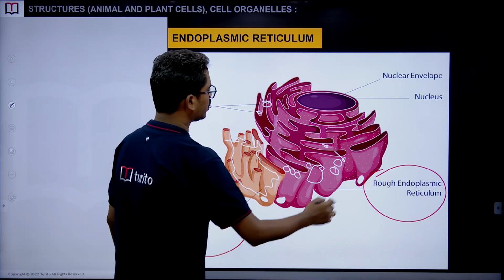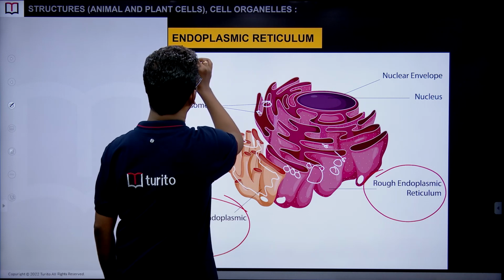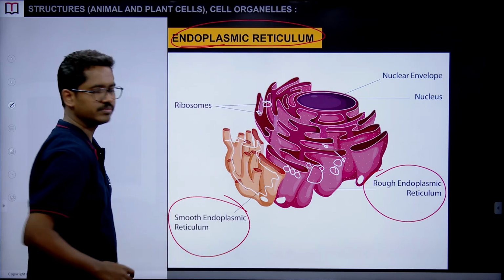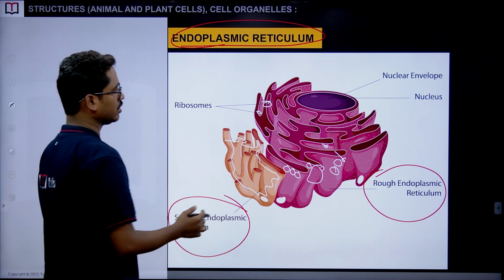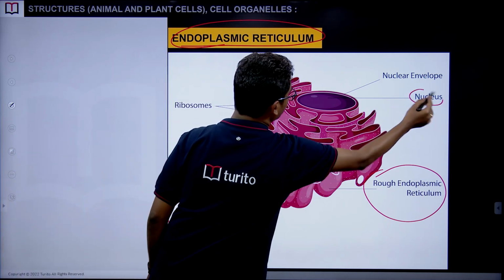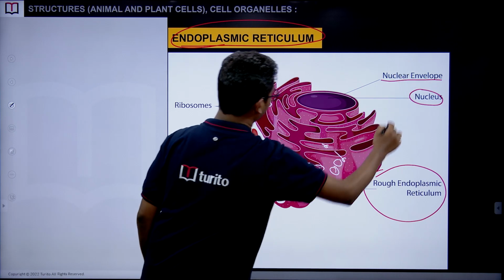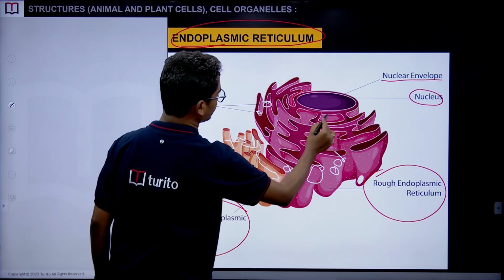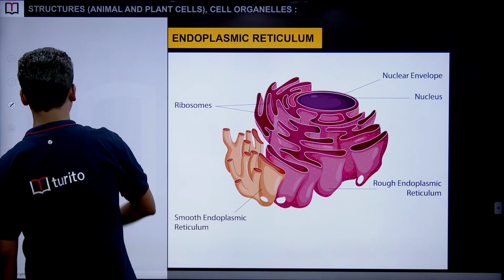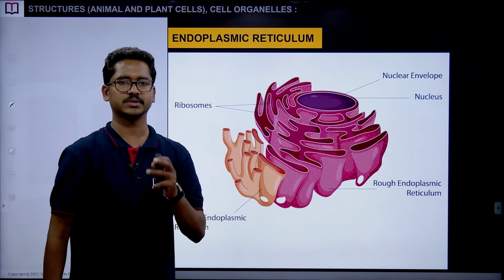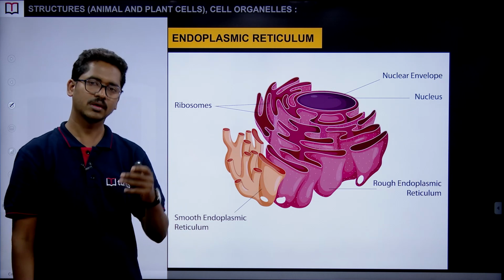And one point is worthwhile to mention, this endoplasmic reticulum, as I said, is an endomembrane system, and it has direct contact with the nucleus, especially with the nuclear envelope. You see, that is the link. Okay. So, what we are trying to do is understand the organelles through a sequence.